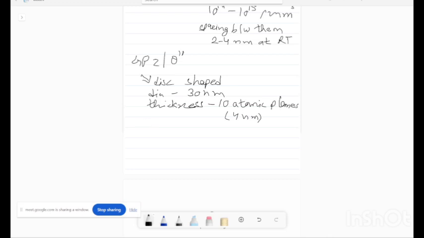The crystal structure of theta double prime is tetragonal, with lattice parameters of 4.05 angstrom and 0.77 nanometer.